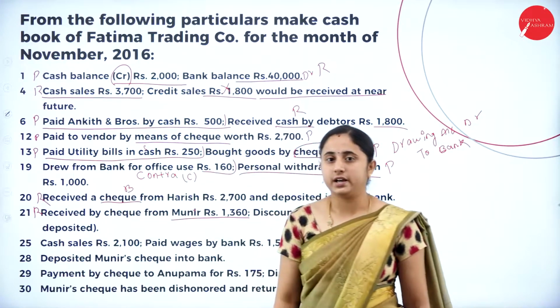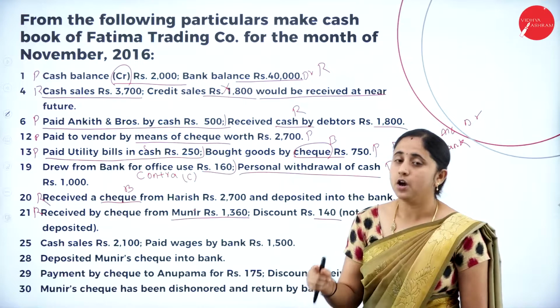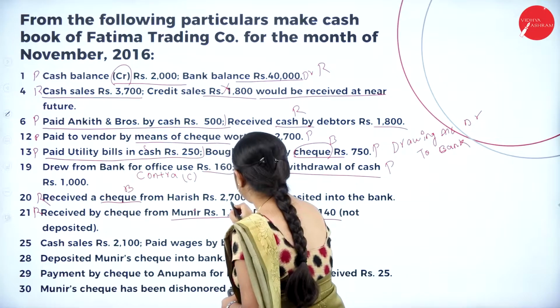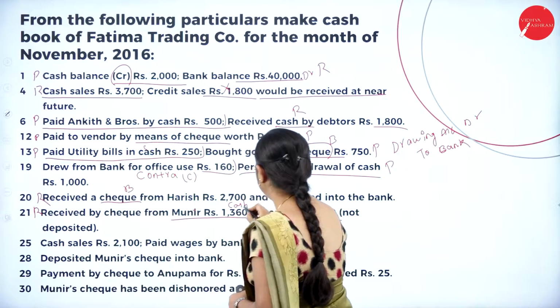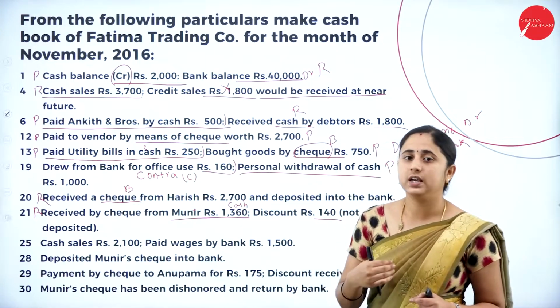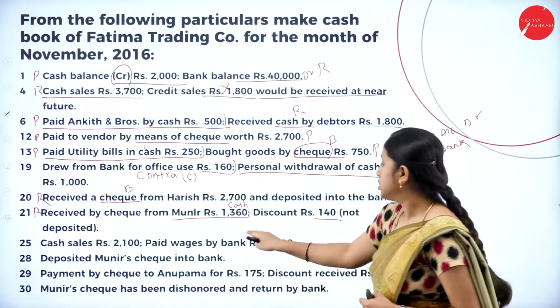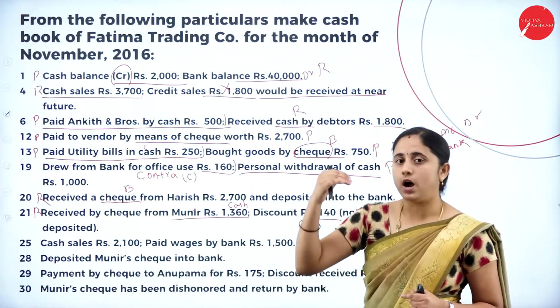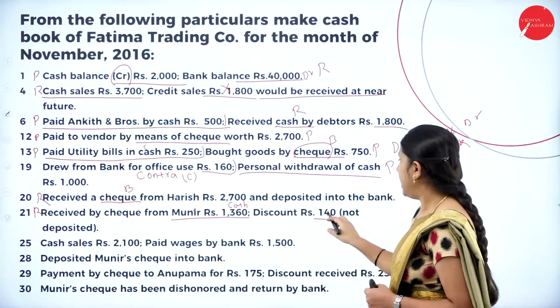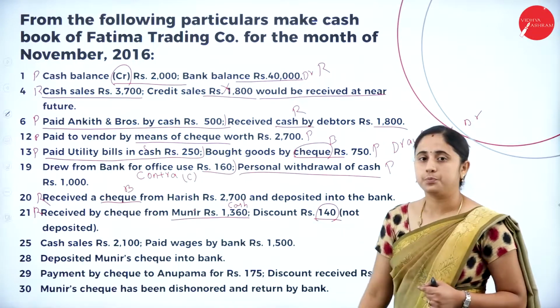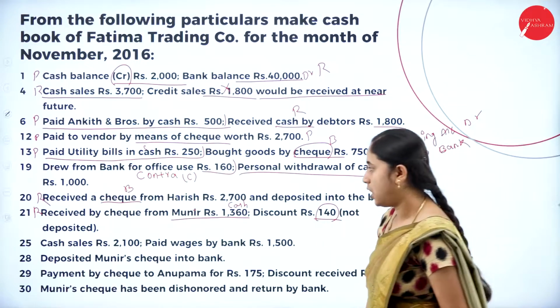If it is not yet deposited, the amount should be written in the cash column. Receiving a check is equal to cash received, but you have not yet deposited into the bank, so consider it as cash received. Amount in the cash column. Again, in the discount column, you allowed a discount, so discount rupees 140 in the discount column.